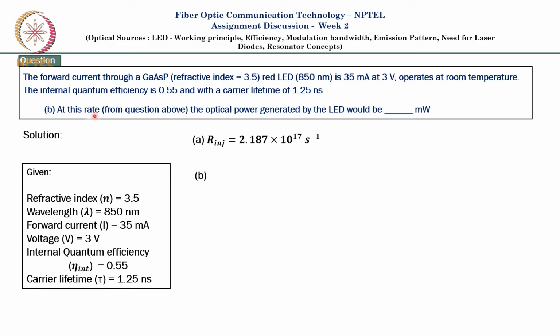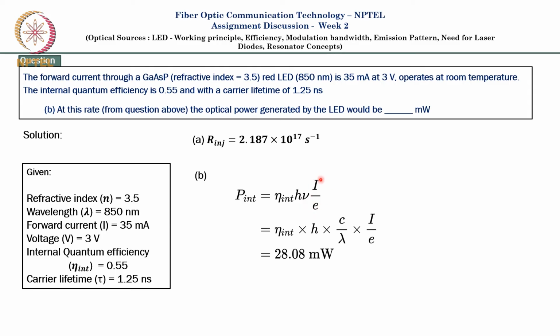At this rate, from the previous question, the optical power generated by the LED would be dash milliwatt. So it is asked to find out what is the optical power generated. So we have the injection rate, which we found already. Now, the equation for optical power generated is eta internal efficiency into h nu into I by e.